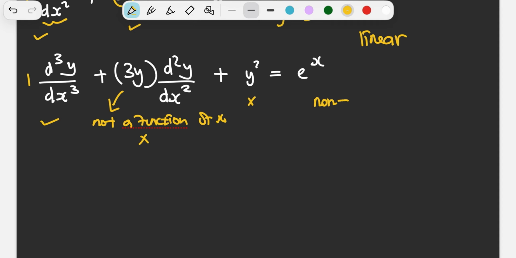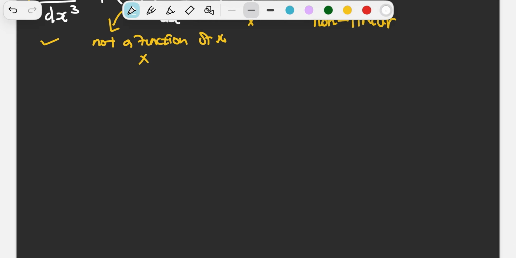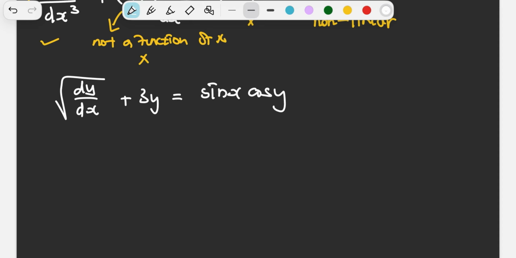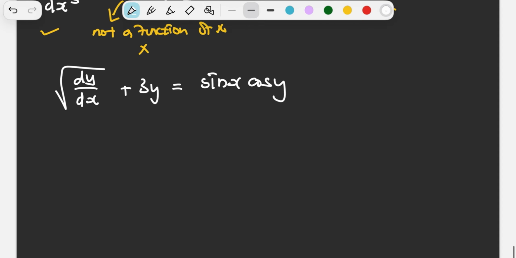I hope you're getting the gist of this. I'll do one last example to solidify this concept. The square root of dy/dx plus 3y is equal to sine x cos y. Okay, something like this. So we can basically see that, oh, something is happening here, right?